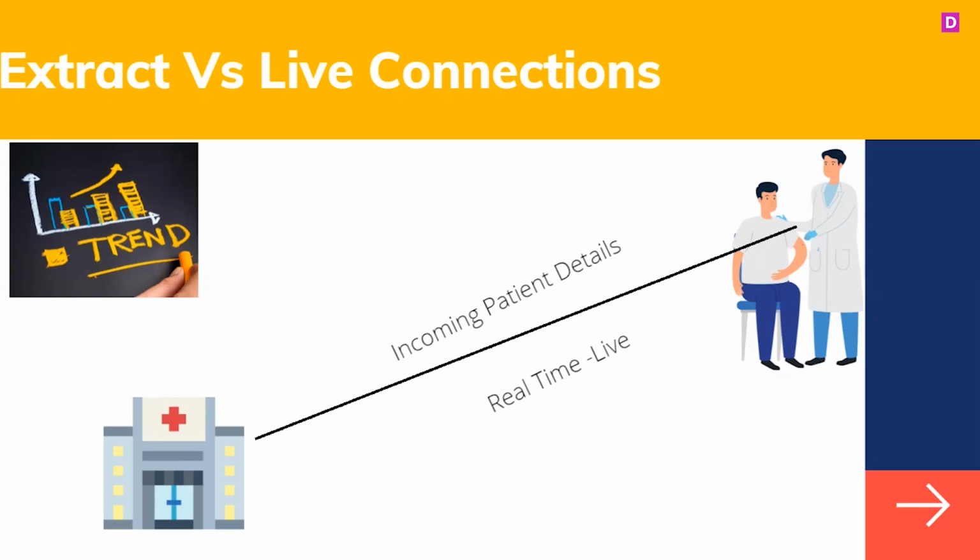So for a hospital kind of system, when you want to maintain patient details in one database, that database connection needs to be a live connection, because they want to understand what a patient requires right now. Unless the connection is live, you will not know the status of that particular patient. So for all of these things, you need a live connection.